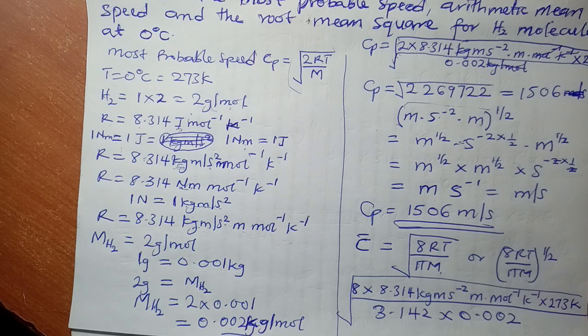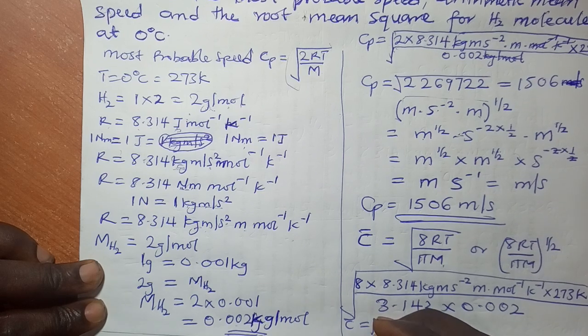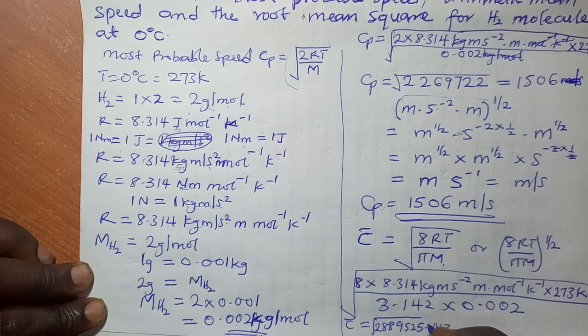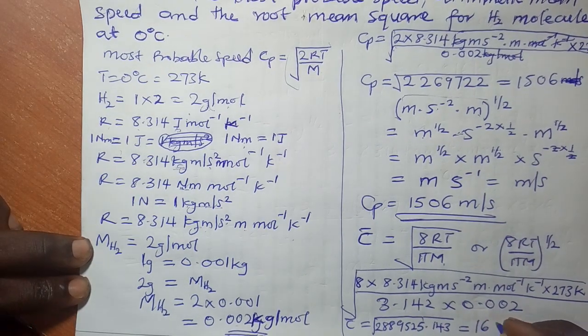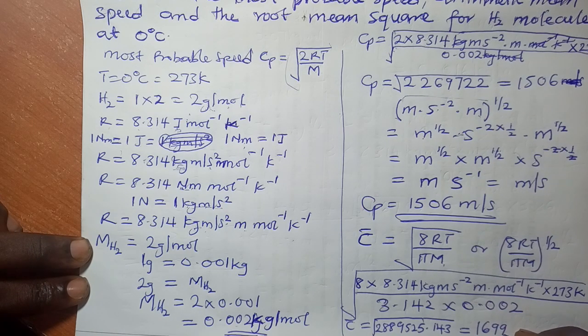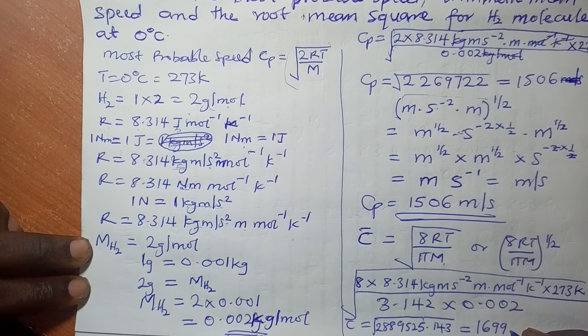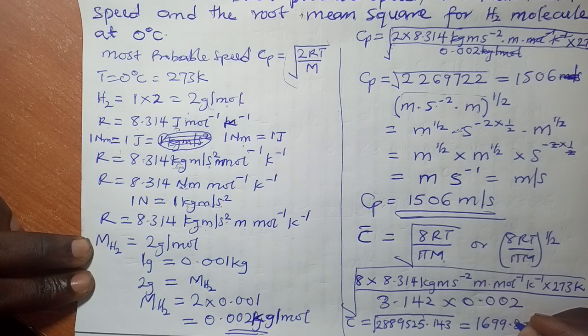If you divide and solve, you will be having the square root of 2889525.143, okay, which will give you 1699.8, which is equivalent to 1700 if you approximate this, except you want to leave it at 1699.9.